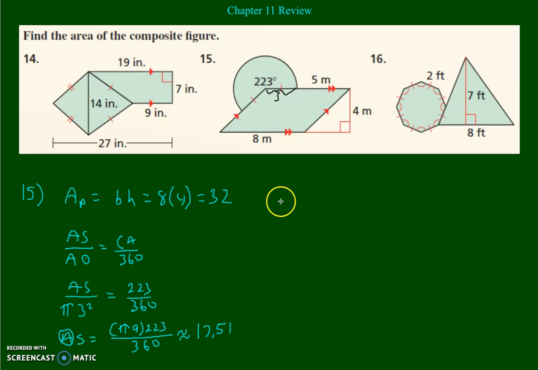So our composite area is area of the parallelogram plus the area of the sector, which is going to be 32 plus the value stored, which gives us approximately 49.51.